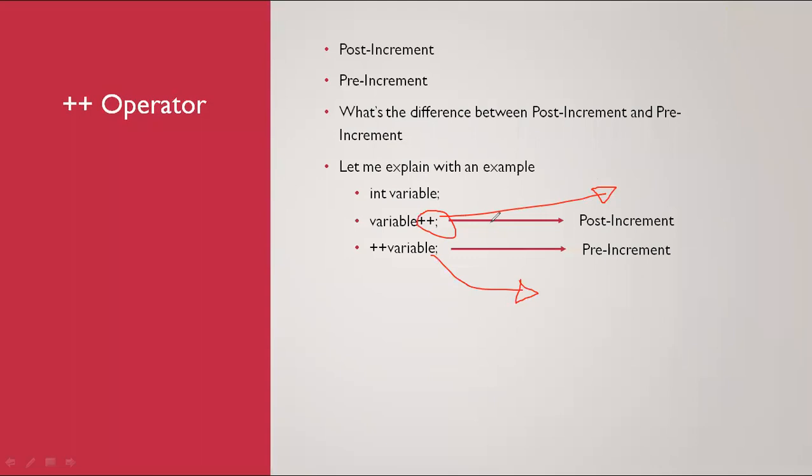If you want to give it as a post increment, then it is variable plus plus. So this would be the same as saying variable v equals v plus 1. So we're gonna increment only one to that variable. So that's what it means if it is plus plus.